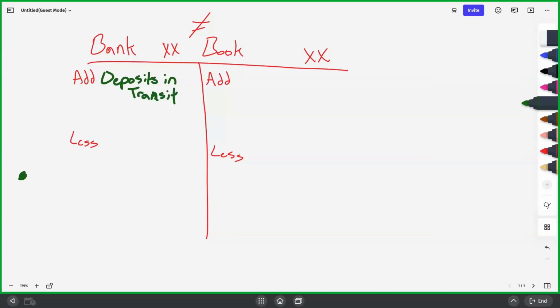Outstanding checks. One more. Bank error. Now, do we add or subtract those, or do we do both? Both. All right. Now, this is everything for the bank.